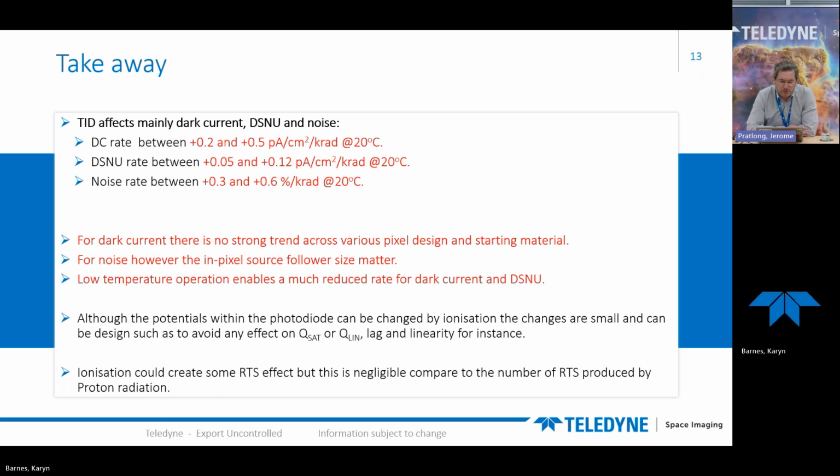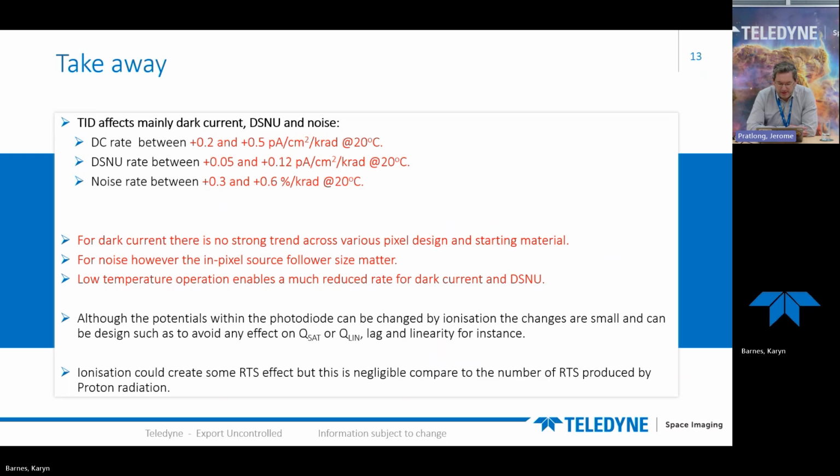And the noise rate is between 0.3 and 0.6% per kilorad. For dark current, there is no strong trend across various pixel designs or starting material. For noise, however, we see that the in-pixel source follower size matters, and low temperature operation enables a reduced rate for dark current and DSNU.